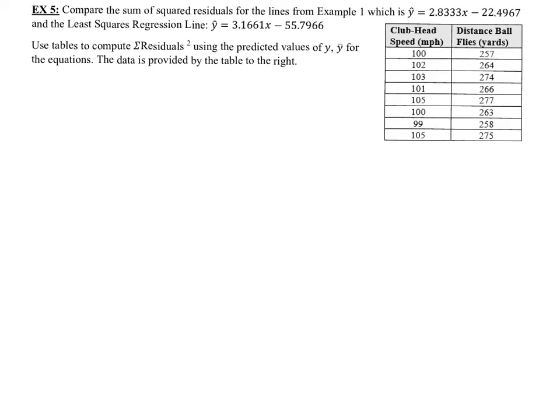So we're going to use the tables to compute the sum of the residuals squared by using the predicted values of y and y bar for the equations. The data is provided by the table to the right. Okay. So let's take a look. I'll make a table for the line that we had from example 1, which remember we did by hand. So we weren't actually using the least squares regression line.